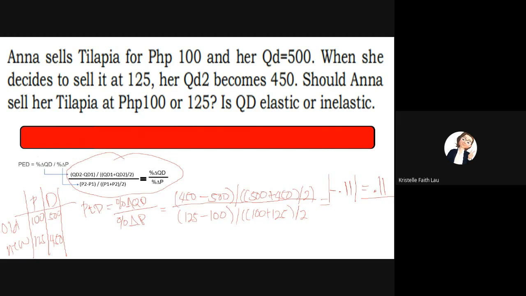So, our answer here is positive 22. So, we have positive 22. So, we can now get our PED because we have the values for the percentage change in our quantity demand and percentage change in price.